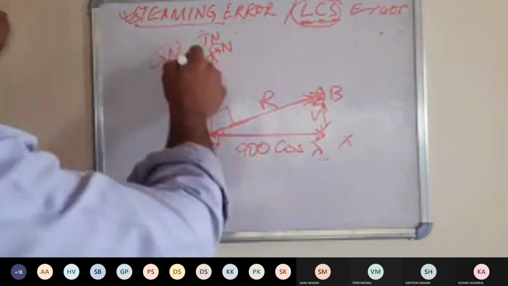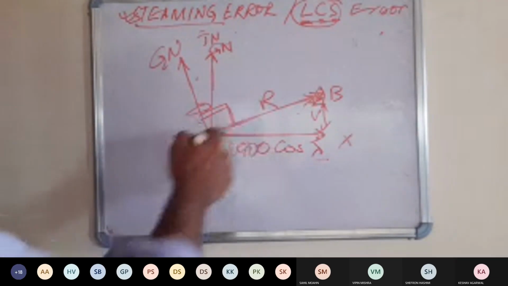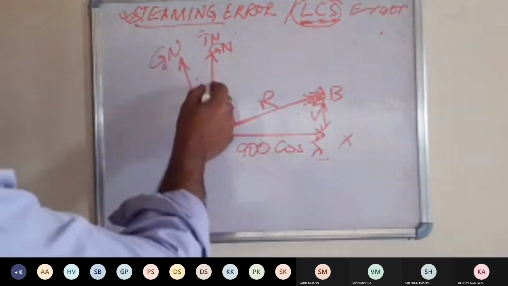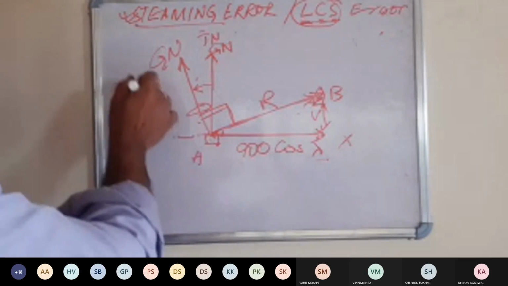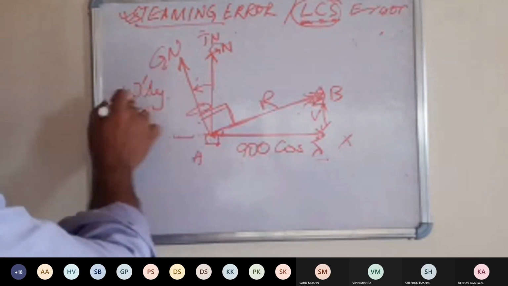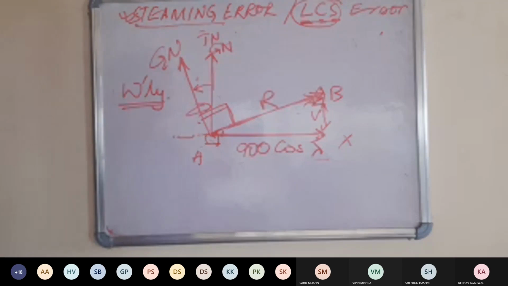So it will settle down perpendicular to the resultant, and in doing so there will be an error created, which is westerly error. Is that correct here? Yes, sir.